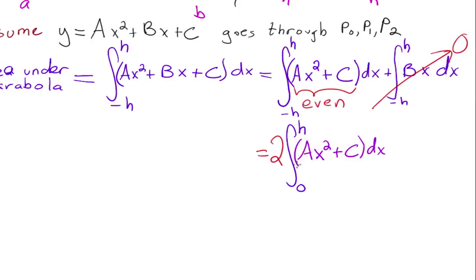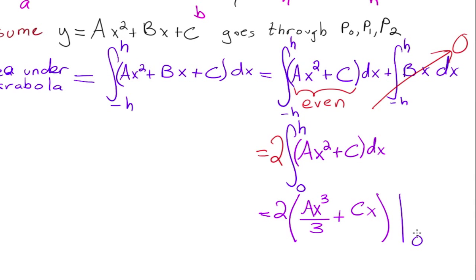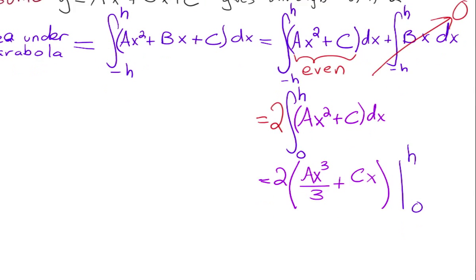Now, we good so far? All right. Then we can easily get the antiderivative of that, right? So what is the antiderivative? 2 times ax cubed over 3 plus cx, evaluated from 0 to h. Okay. So far so good, right?